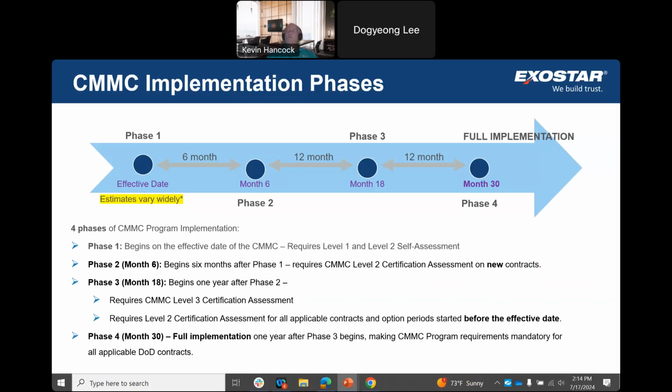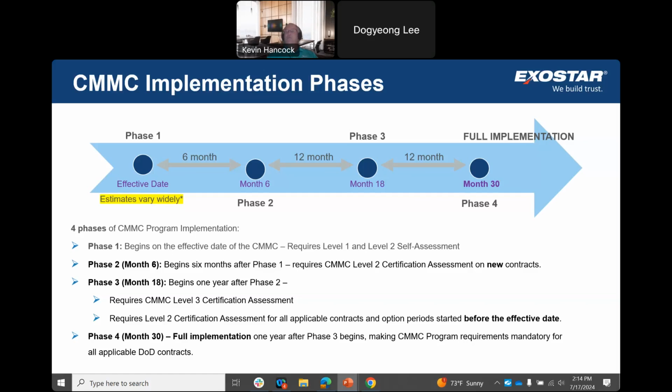So when the rule goes final, there'll be a 6-month period of phase 1. That is where level 1 and level 2 will be still self-assessment. So kind of the current state. That'll give everyone a chance to actually engage with certified third parties to get those assessments done.